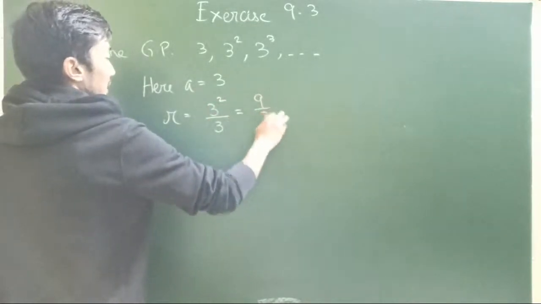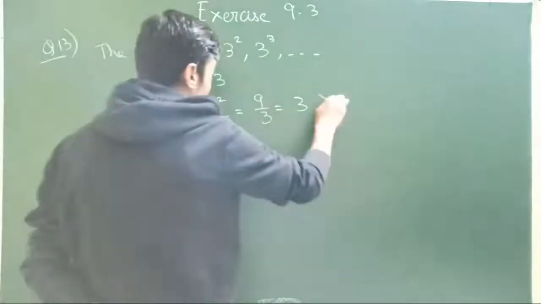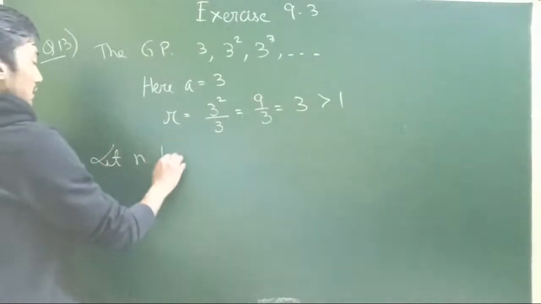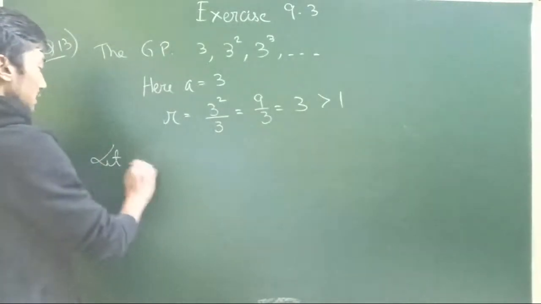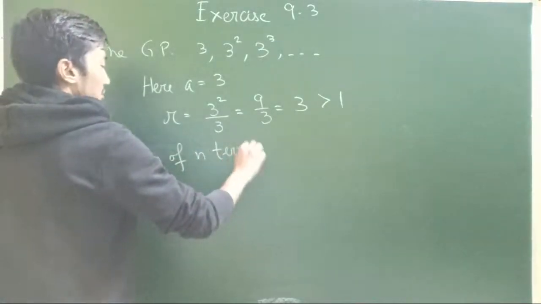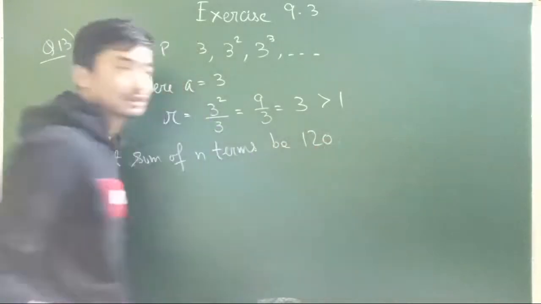So, alright, 9 by 3, that's going to be 3. So, of course, this is greater than 1. And then, of course, we will assume let the sum of n terms be 120.